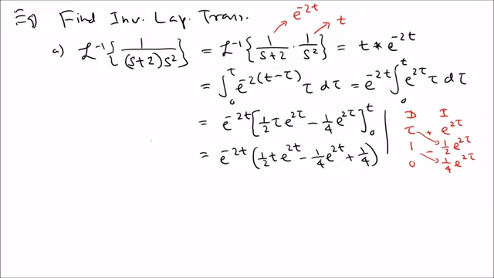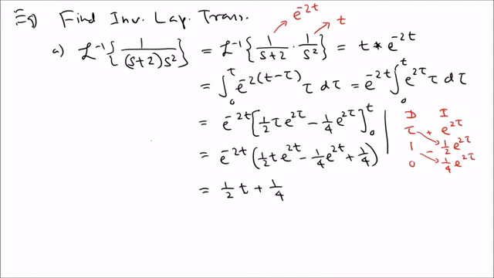And then what we do, we multiply by e to the negative 2t, so you get 1/2 t, minus, no, plus, yeah, so it's going to be plus 1/4. Good.